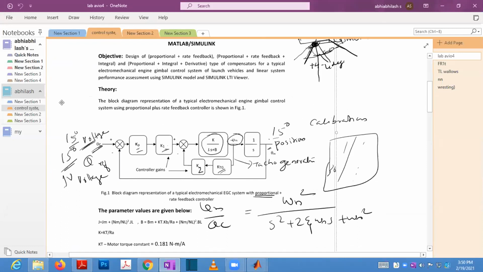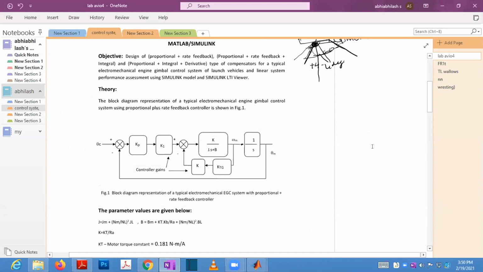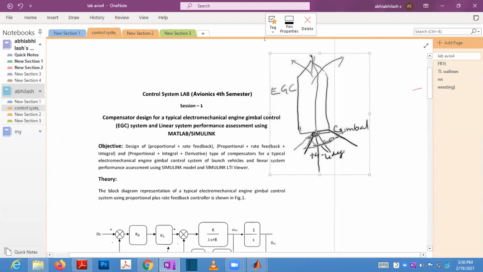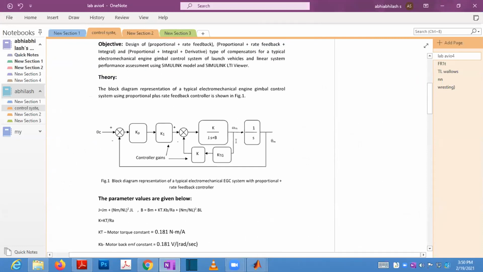So here KP, K1, K2 and KTG are gain blocks.